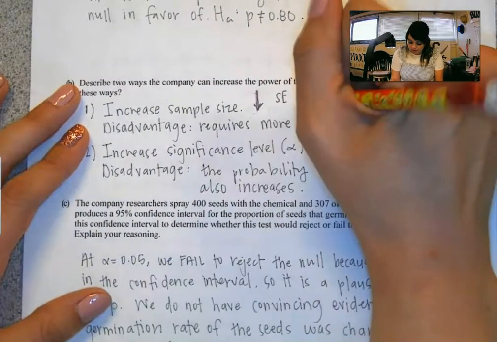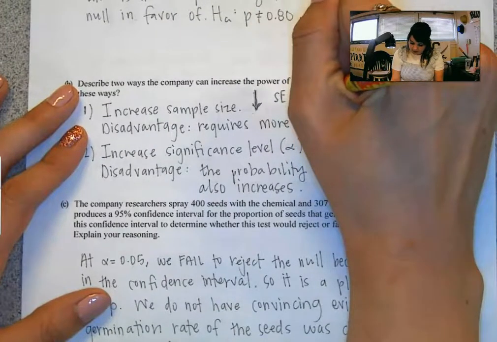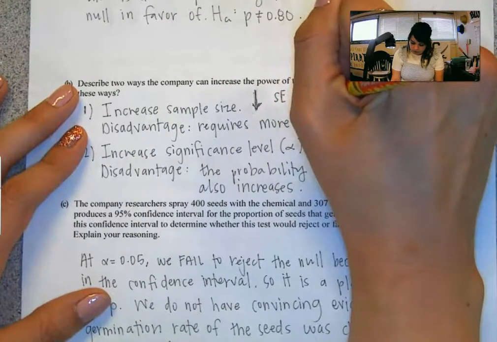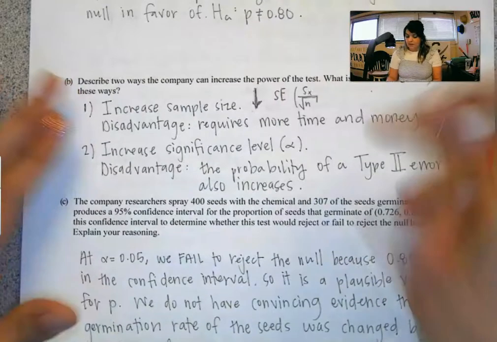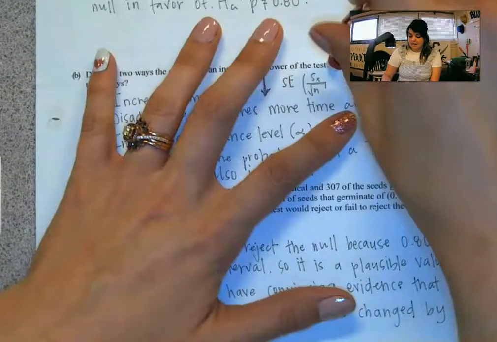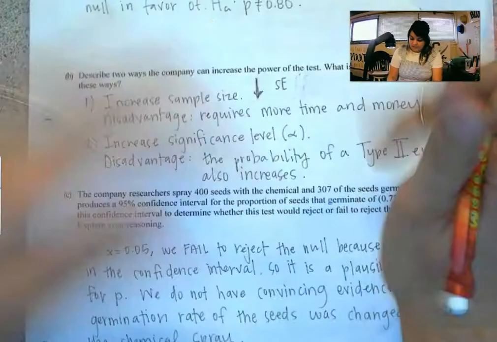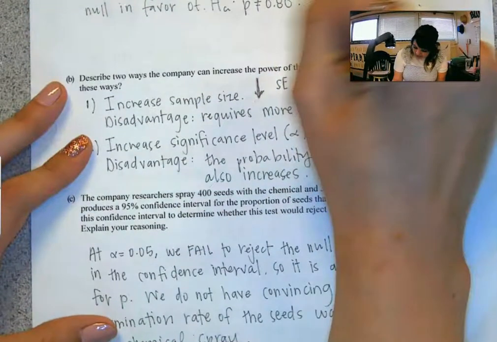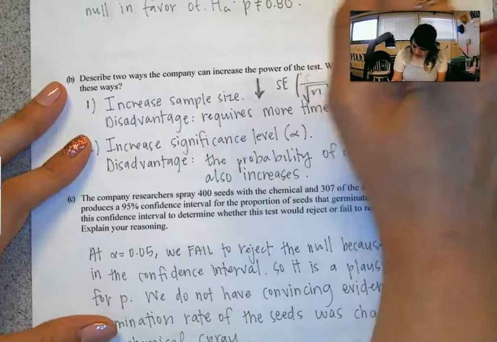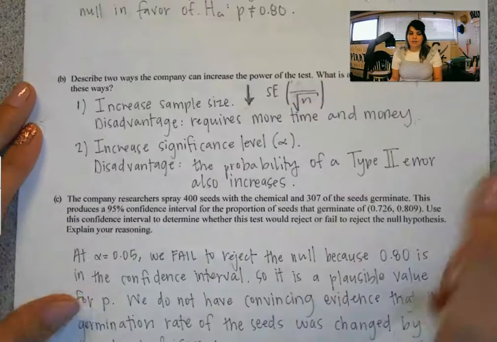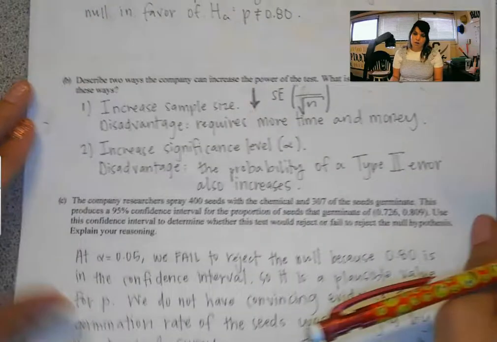which remember, standard error is your s_x over root n. Well, really, I should just highlight that your standard error has root n in the bottom, whether it's a proportion or a mean.